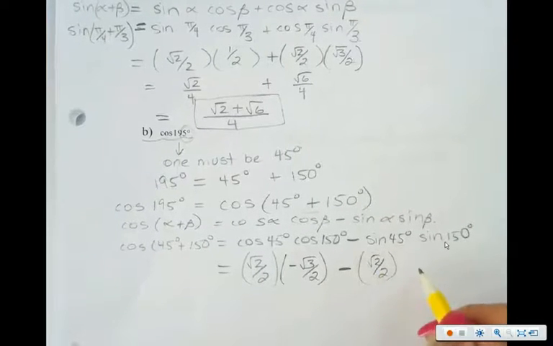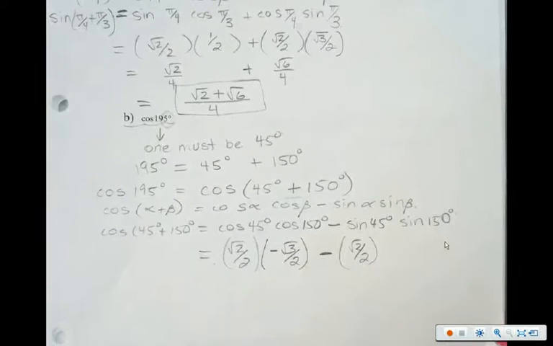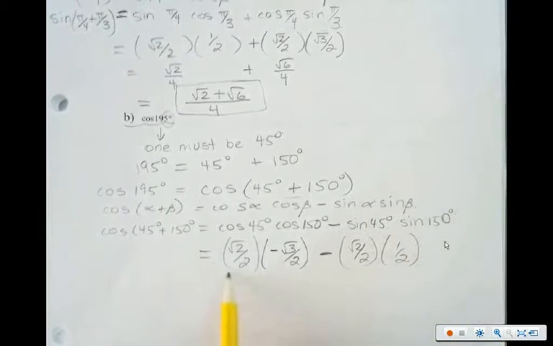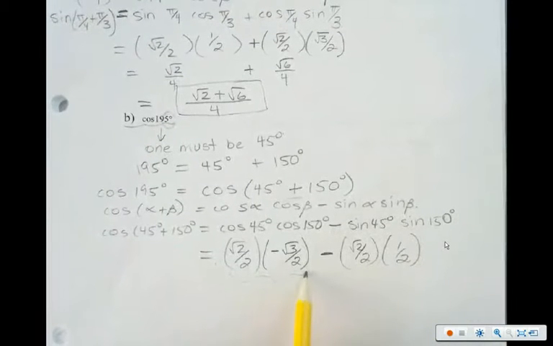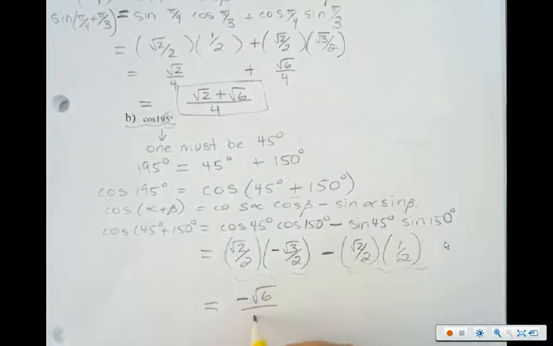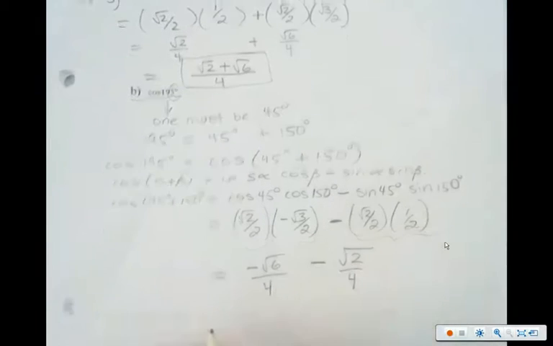Okay, and then sine of 150. It's positive. It's in the second quadrant. It's 1/2. All right, so now I'm going to take these two, multiply them together. These two, multiply them together. So for this first part, I get negative root 6 over 4 minus root 2 over 4.